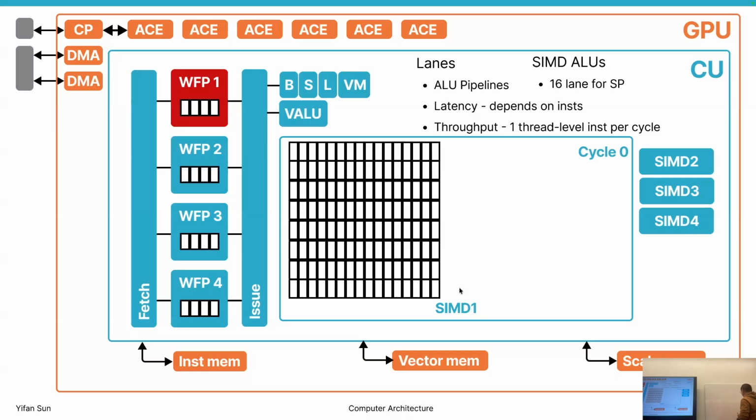Let's draw this. I cannot really draw 4 SIMDs. They're symmetrical. Let me think. So this is SIMD1, SIMD2, SIMD3, and SIMD4.